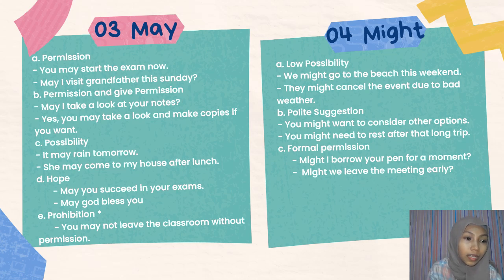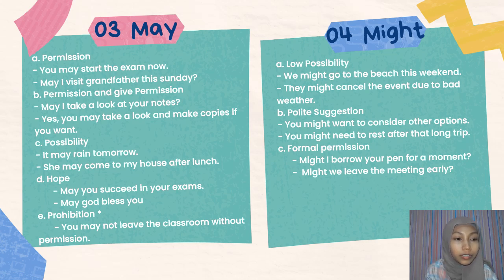Possibility. May is used to express possibilities in the present or future. For example, it may rain tomorrow. She may come to my house after lunch. Hope.